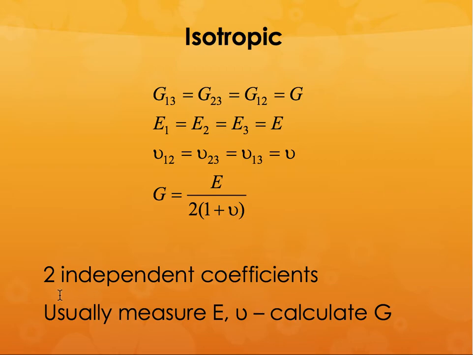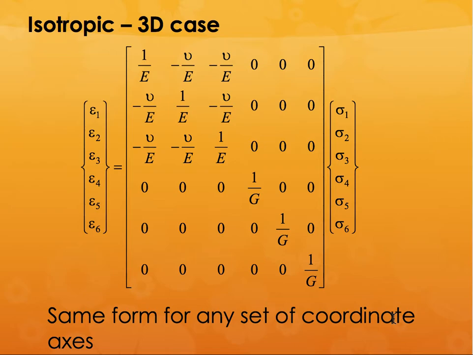So you only have 2 independent coefficients if you have an isotropic material. If you calculate the elastic modulus and Poisson's ratio, you can calculate the shear modulus of these materials. If you want to represent this in matrix form, this is how it turns out.